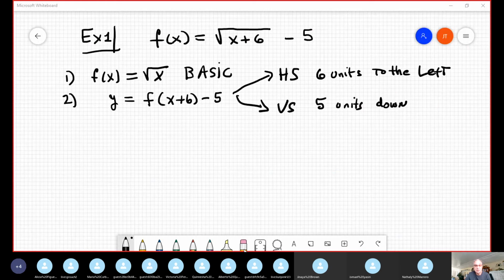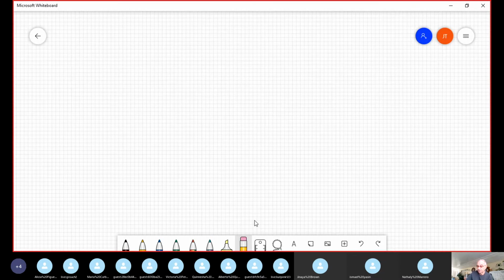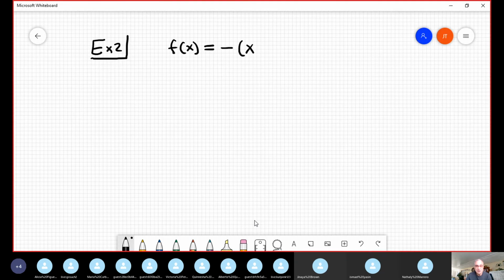Suppose Example 2. Example 2 is f of x equals minus x minus 5 squared plus 3.